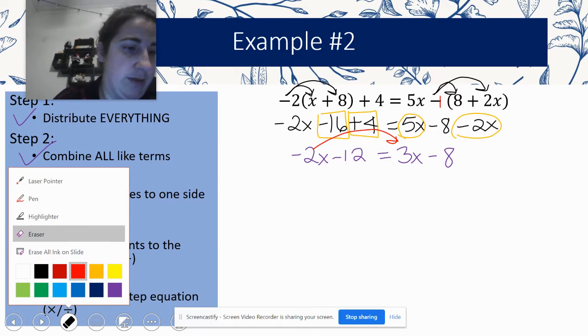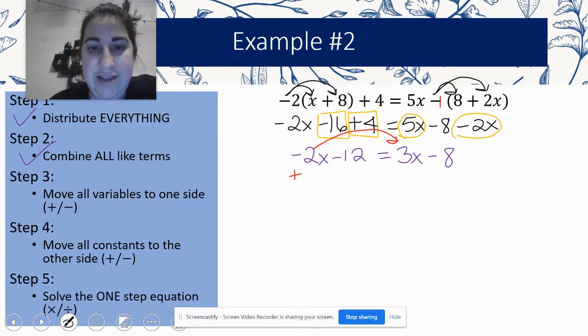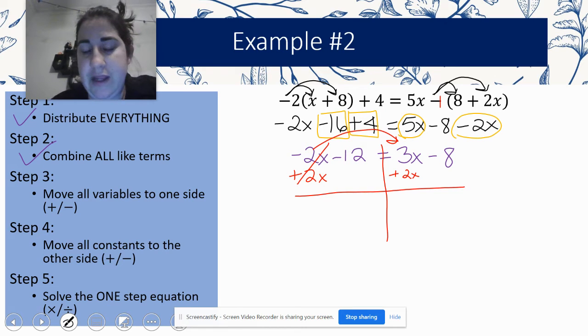I'm going to add 2x because the opposite of a negative is a positive. So I'm adding 2x to both sides. And if it helps, draw that line down the equal sign. These cancel out over here. I'm left with negative 12 equals 5x minus 8.